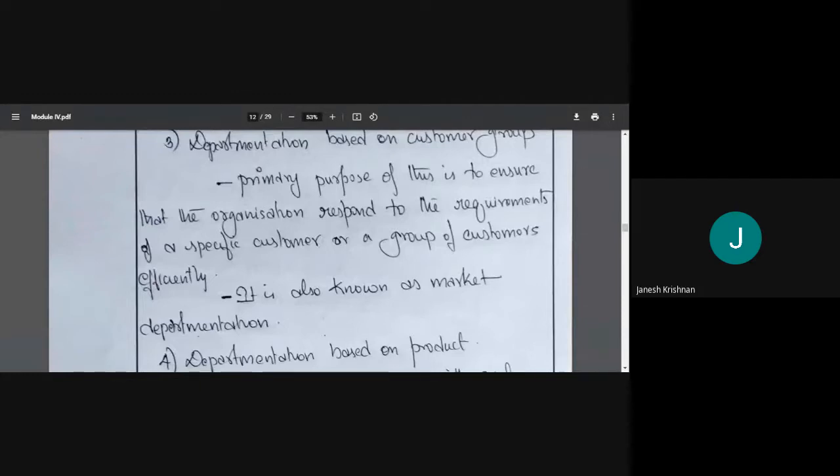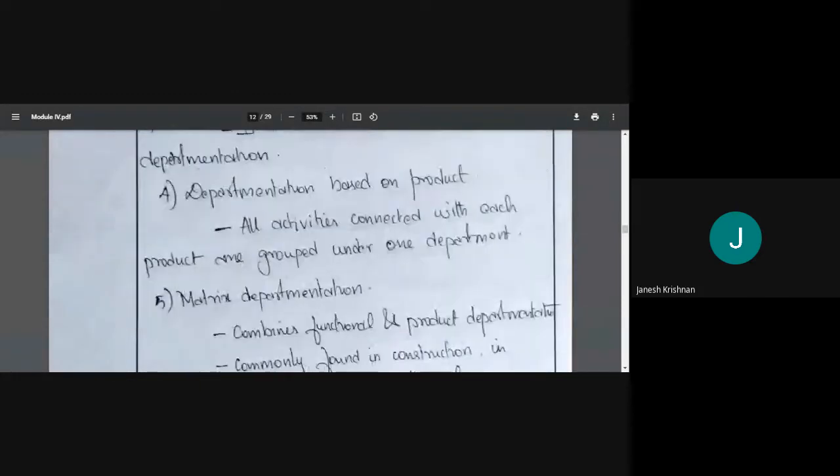Right? The fourth one is based on product. All activities connected with each product are grouped in one department. So in our company, we have a ball pen. The ball pen will have its own production, manufacturing, finance. We have an ink pen, similarly. Or else we can take the example of vehicles.